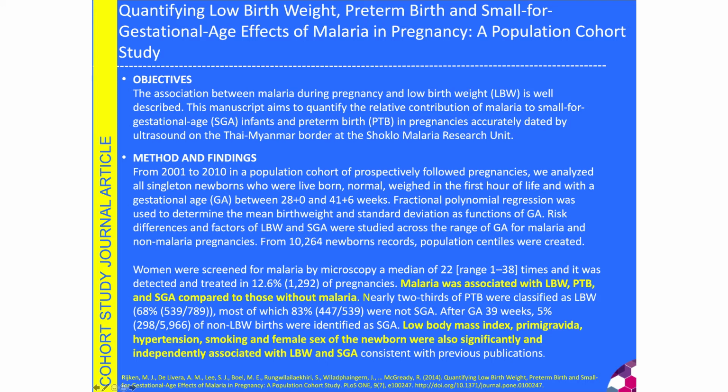The other factors that were also linked to low birth weight, preterm birth and small for gestational age effects on babies were low body mass index, being the first pregnancy, hypertension in pregnancy, smoking, and the baby being a female or a girl baby. And these were associated with low birth weight and small for gestational age, but not with preterm birth.